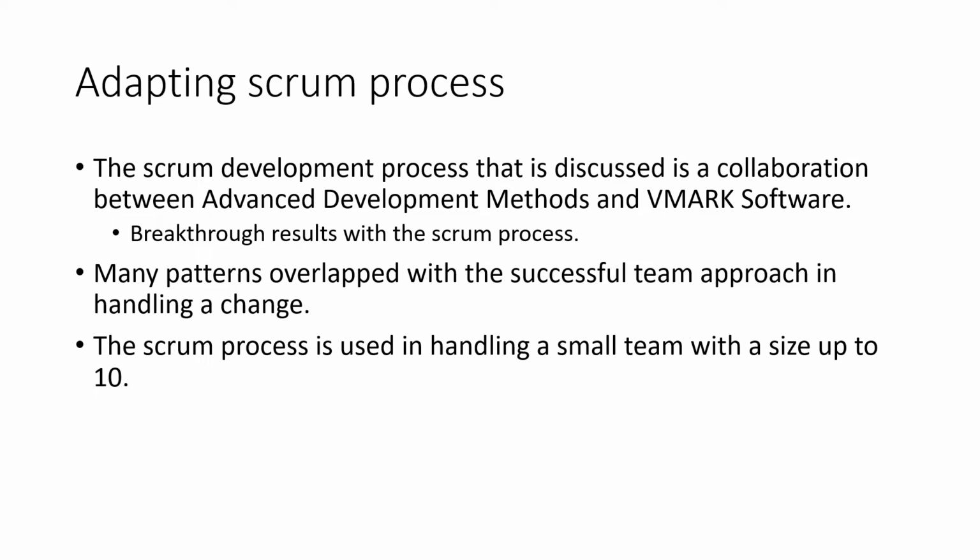The teams which follow this Scrum process are usually small teams with up to 10 members, working toward a specific target of a product or a feature in a product.